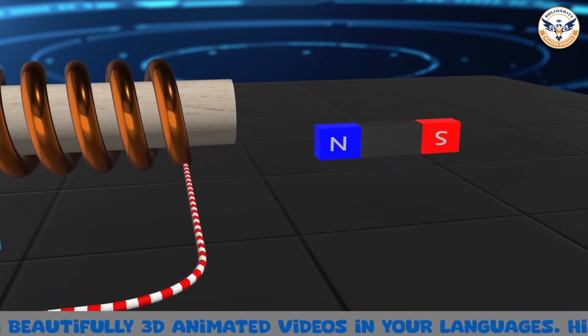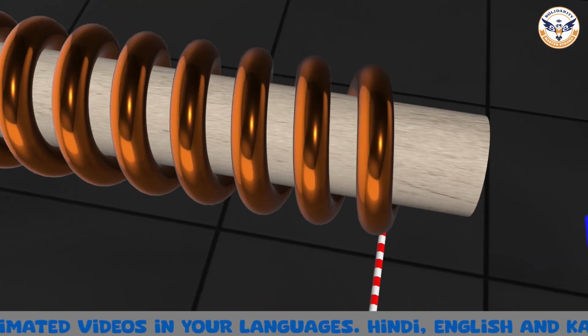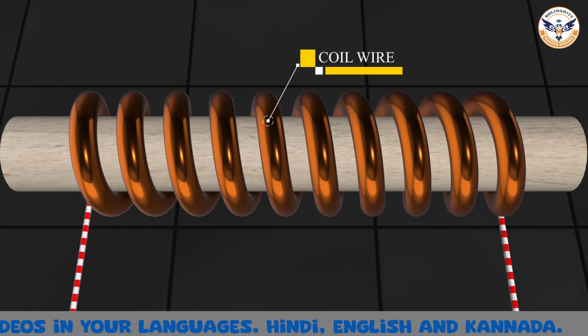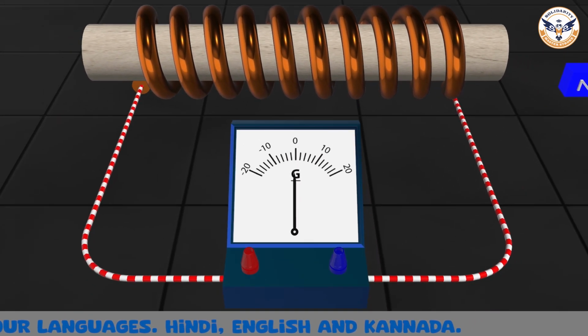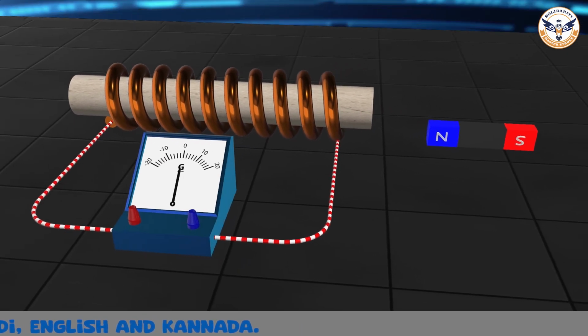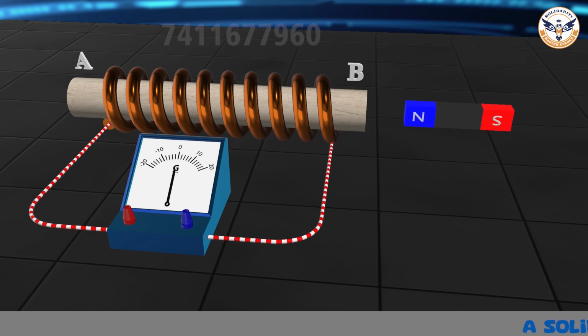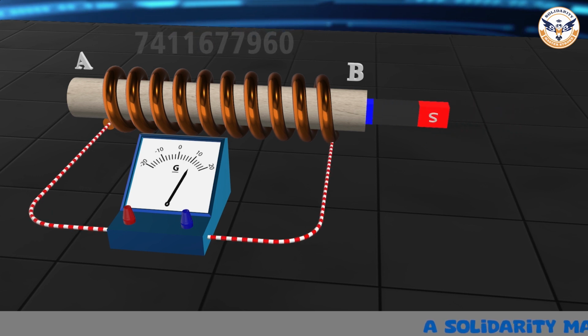We have taken a bar magnet, a coil of wire, and a galvanometer. The galvanometer is connected to the coil and is used to detect the current flowing in the conductor. Name the coil wire ends A and B. Take a strong bar magnet and move its north pole towards the end B of the coil.